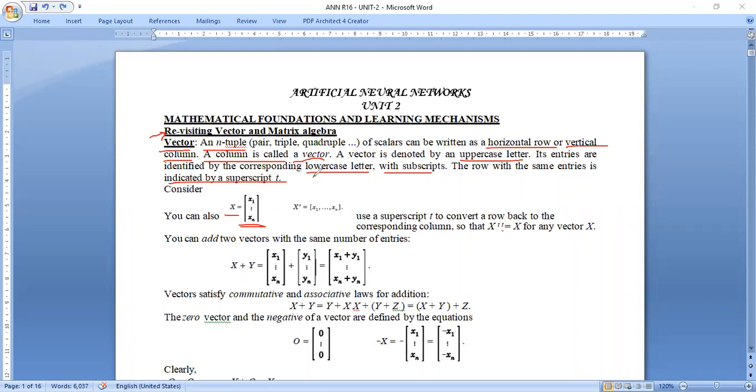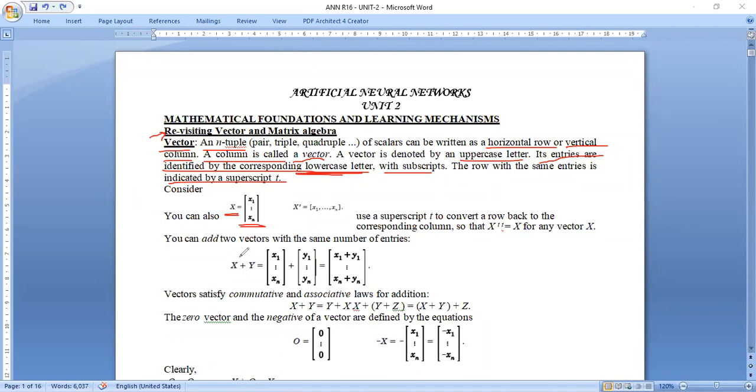See, already here one statement is there: a vector is denoted by an uppercase letter. This capital X is a vector. It is denoted by an uppercase letter. And see the second point: its entries are identified by the corresponding lowercase letter. The entries in capital X, these are the small x, x1, x2, x3, xn, lowercase letters with subscripts.